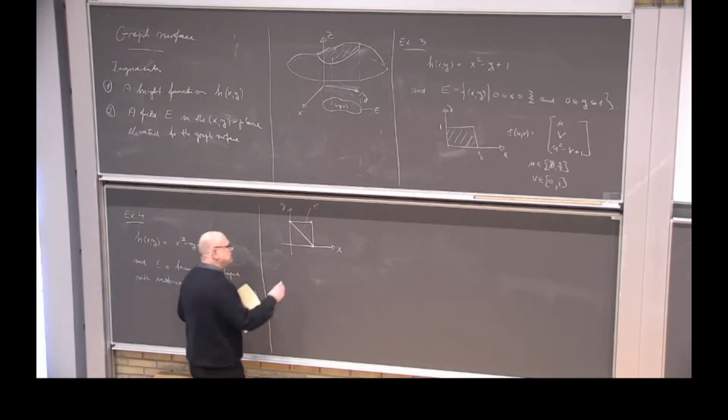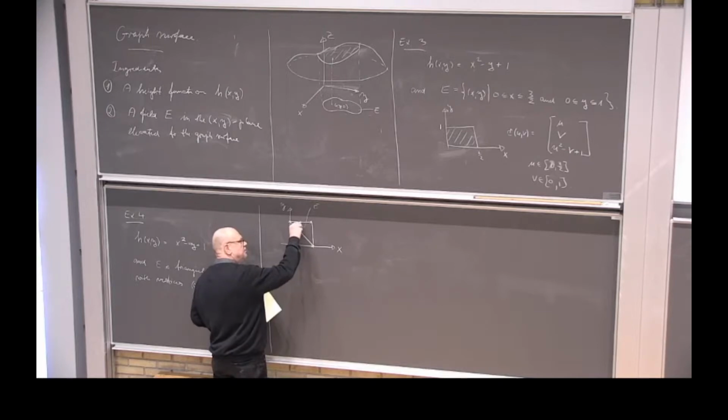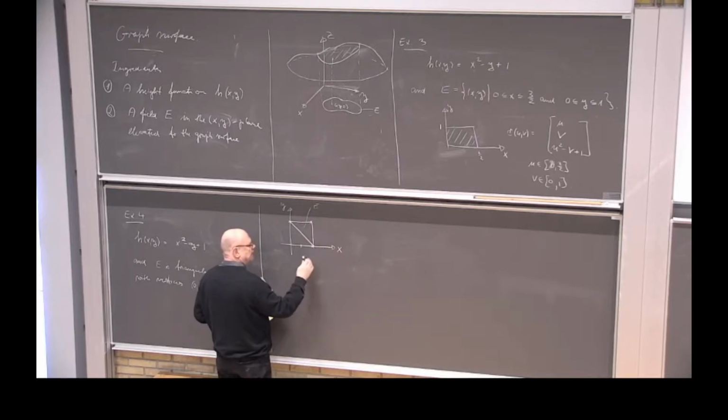And the idea here, here in 2 dimensions, let's take x as a parameter. We call that u. And then you look at this line here, from this point to this point.